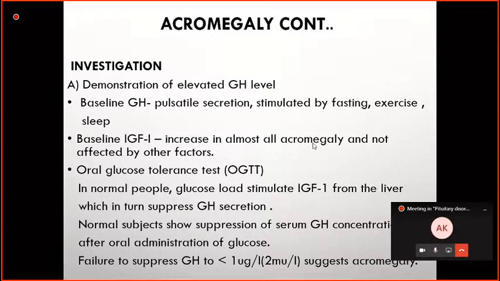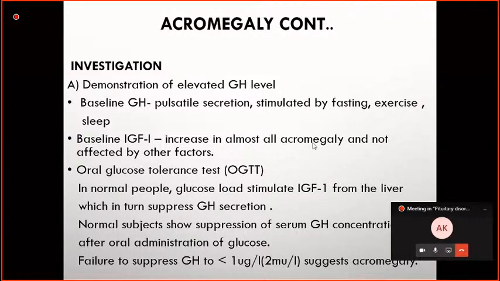You might see some suppression, but to say it's a positive suppression, you want to see whether the growth hormone can be suppressed to less than 1 microgram per liter or less than 2 milliunit per liter. You might expect some suppression.